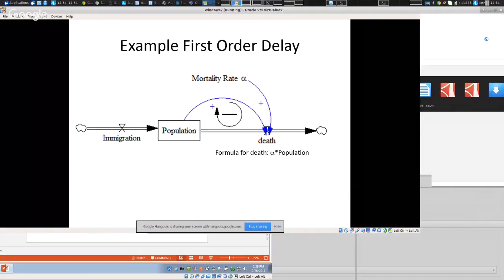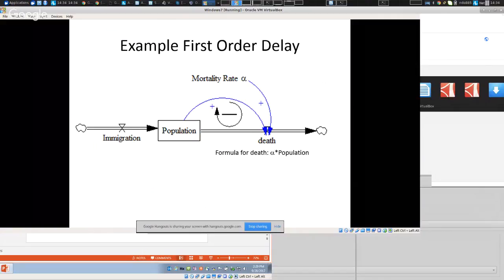Here we have a population, say, and there's a certain hazard rate, a certain chance per unit time, continuously applied. Here it's phrased as a mortality rate. And the formula for the outflow depends linearly on the value of the stock. When I say linearly, it's just some constant, in this case the mortality rate, times the value of the stock, alpha times population.